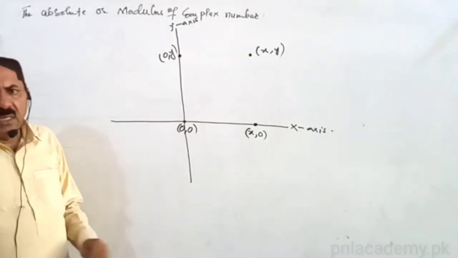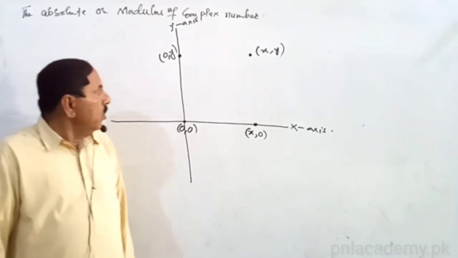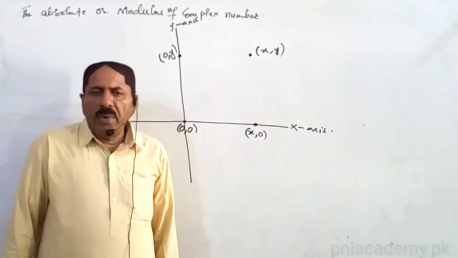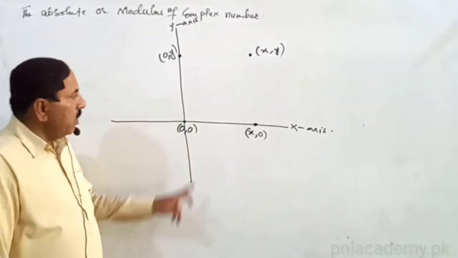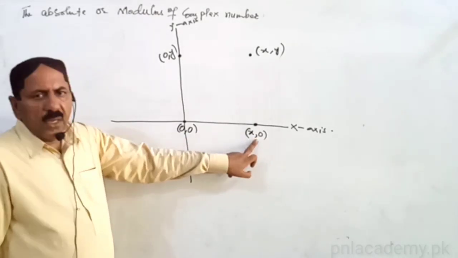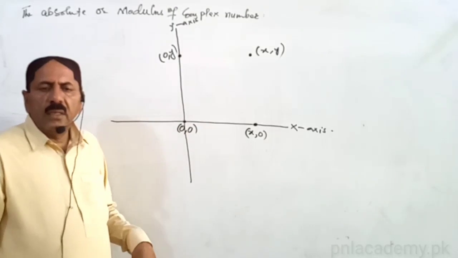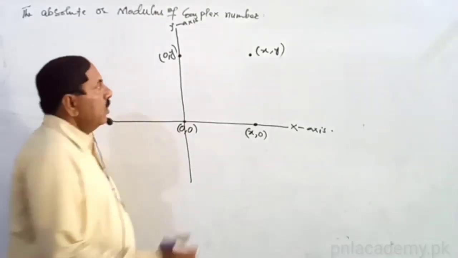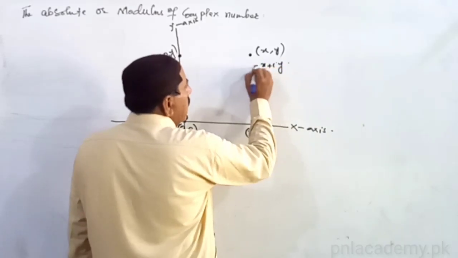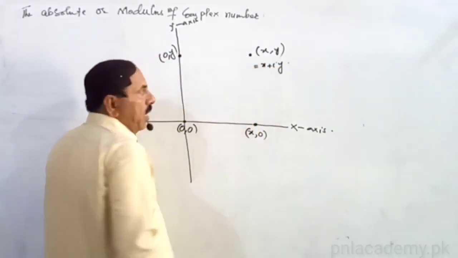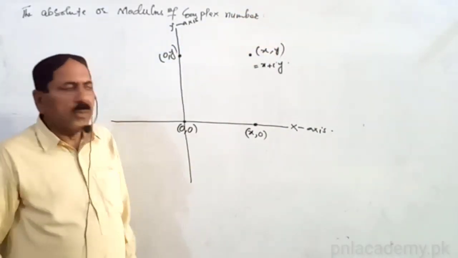But there is the discuss of complex number. We also know that the complex number is the combination of real and imaginary part. So let x is the real axis and y is the imaginary axis. So this will be x plus iota y. This is the location of this number. Without the ordered pair, we can write x plus iota y.